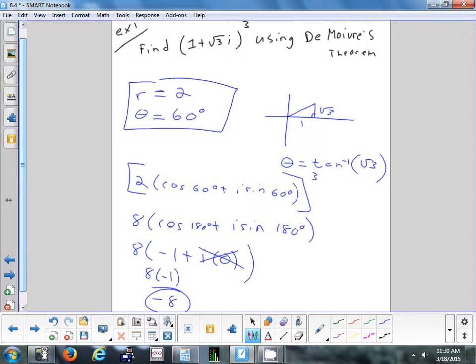It's kind of like saying if I took 2 and cubed it, I get 8. And then I said to you, what's the cube root of 8? Well, look back at what you started with, 2. Right? So if we took 1 plus root 3i and cubed it and got that, what do you get if you cube root this answer?